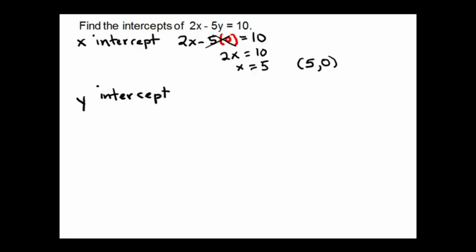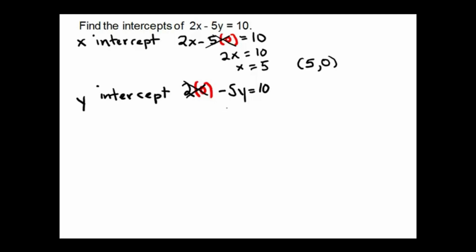Now let's find the y-intercept. We will need to substitute 0 into the x. So 2 times 0 is 0.